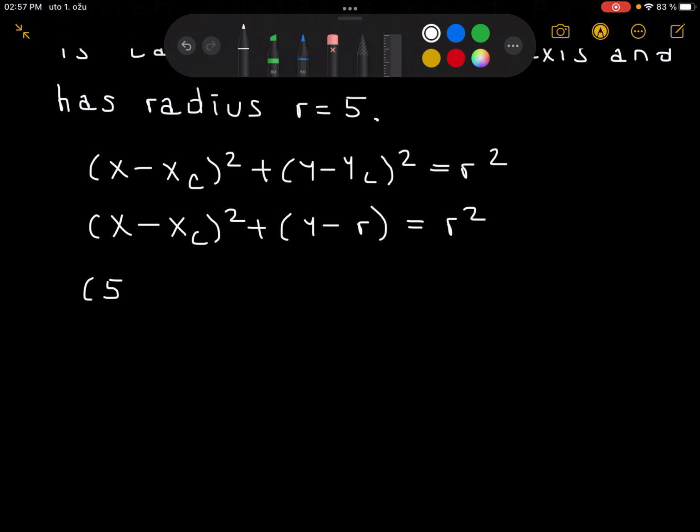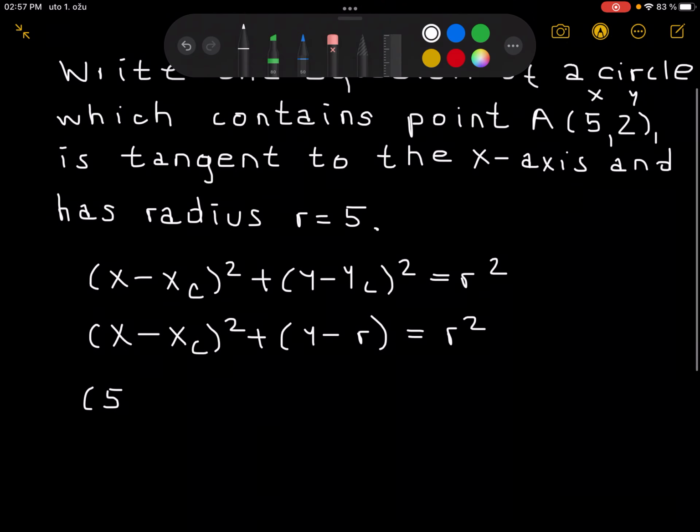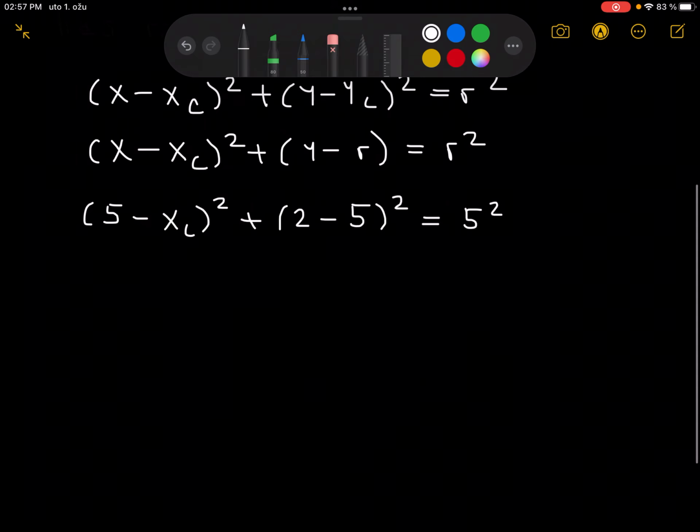So instead of x, I'm going to plug in 5 minus, we don't know the x coordinate of the center, squared, plus the y coordinate of point A, which is 2, minus the radius, quantity squared, is equal to 5 squared, the radius squared.